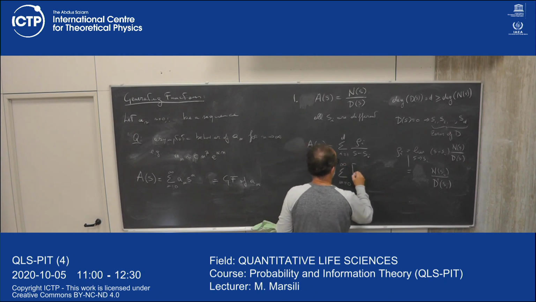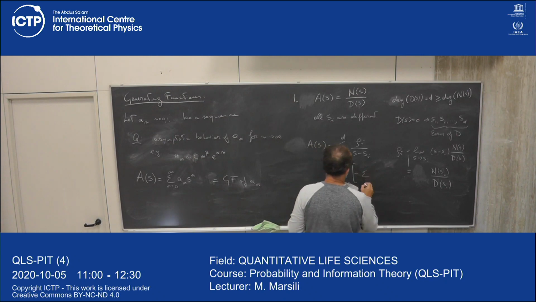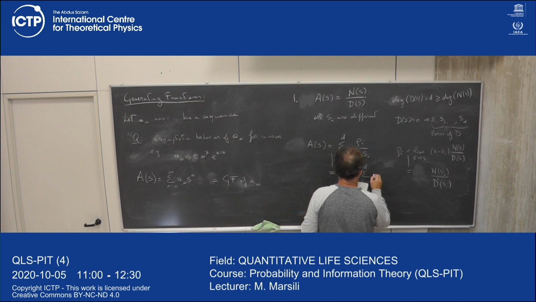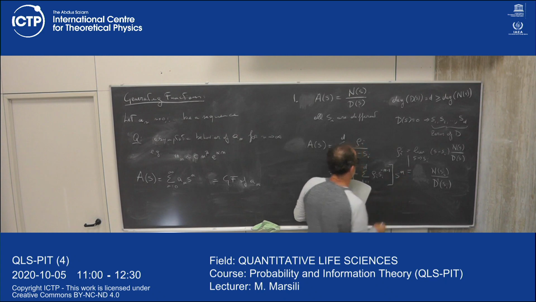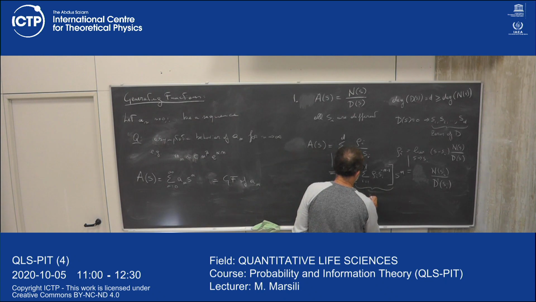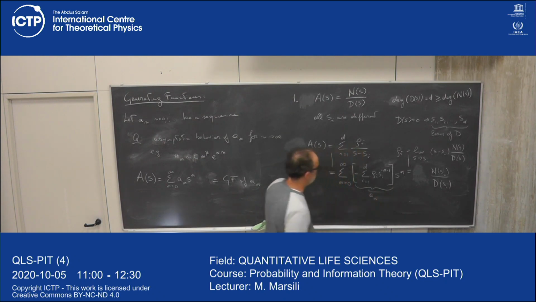So what you will get is minus sum over I from 1 to d. So you write this as minus 1 minus s over si divided by si. So you have rho I times si to the minus n minus 1 times s to the n. Okay? So you see that here is your coefficient an.